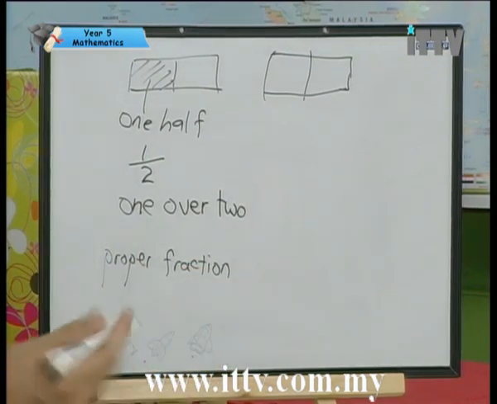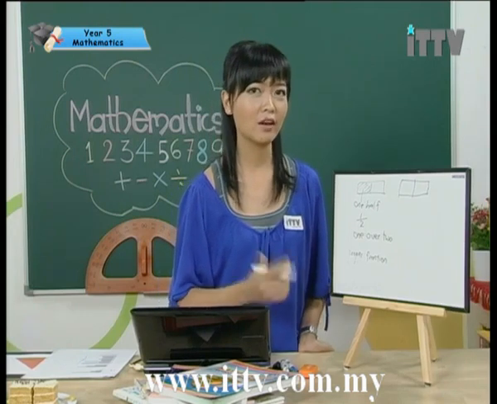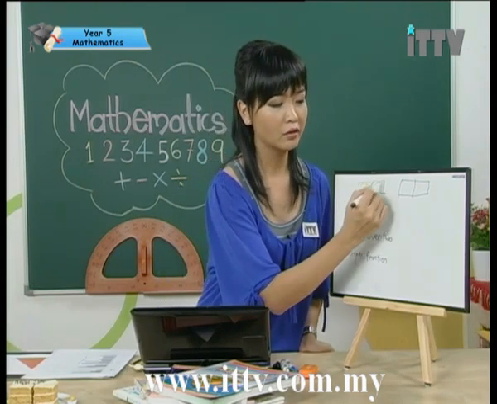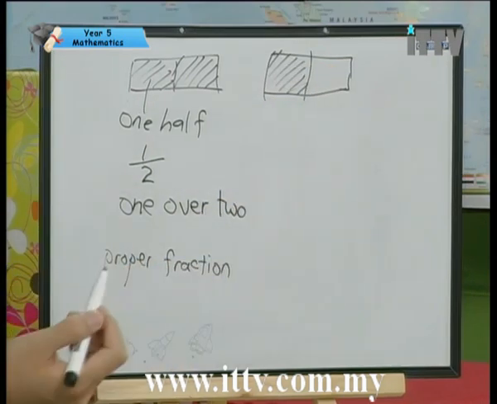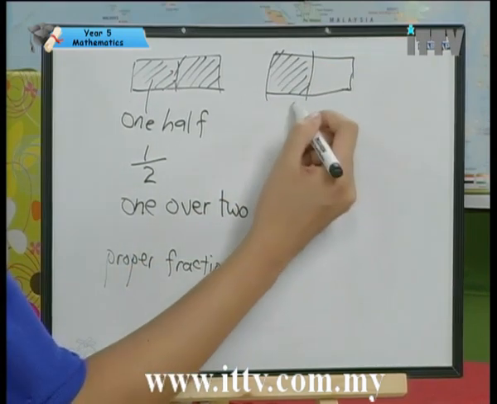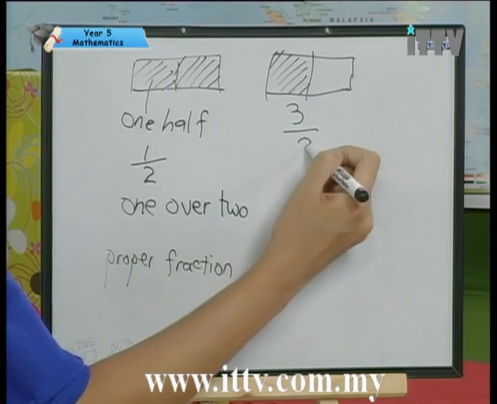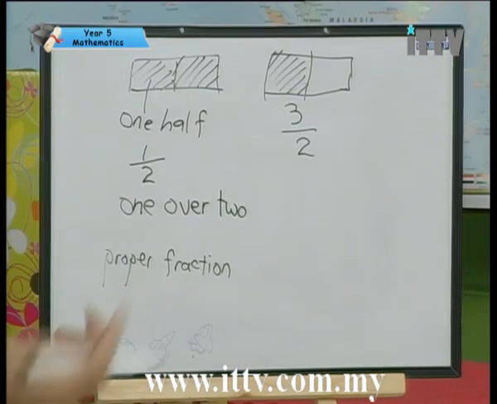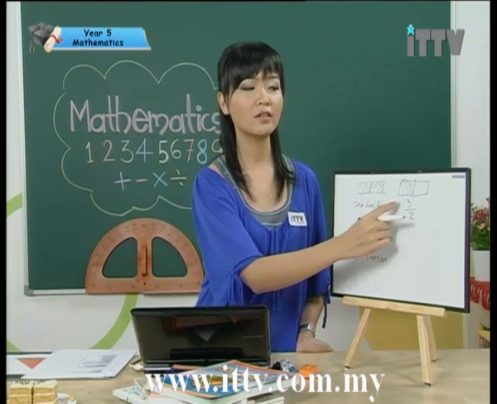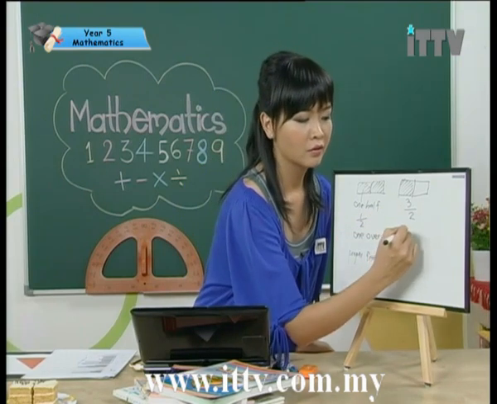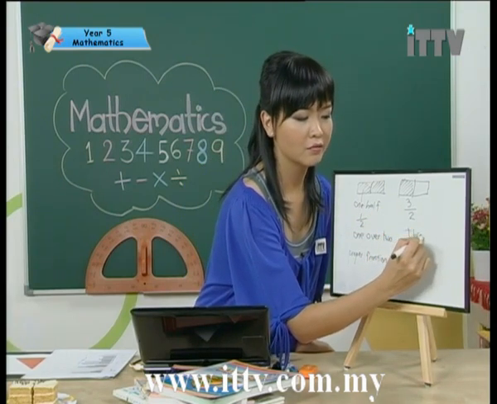Now, what if I have 3 pieces of halves, like I told you just now? 1, 2, and 3. So, it will be written like this. 3 at the top and 2 at the bottom. So, we will read this as 3 halves.